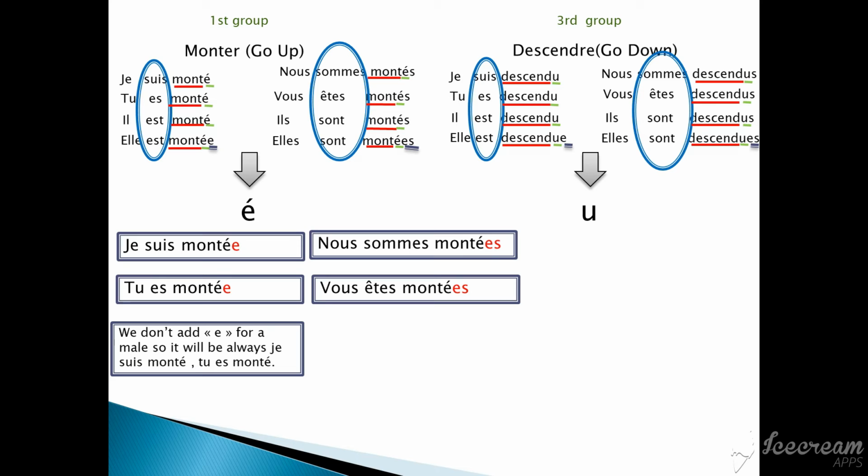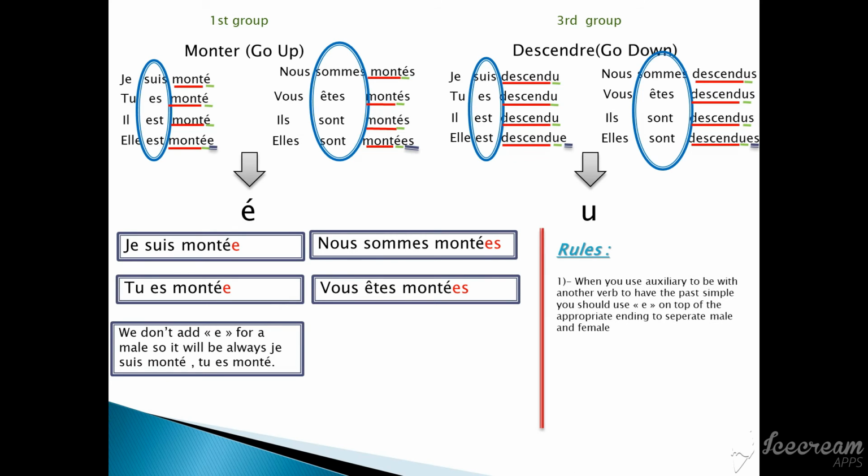This rule does not apply when you use the auxiliary to have. For the s, it is used only for the plural. So here are two important rules. Rule number 1, with the verb to be, we separate male and female. And rule number 2, for female, we add e to the end of the past participle of the verb, and for the plural, we add an s.